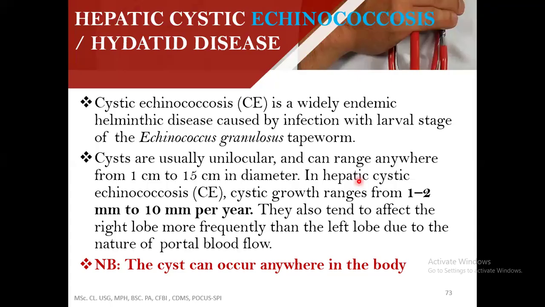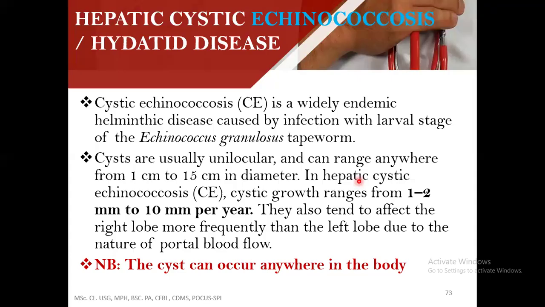So cysts are usually unilocular and can range anywhere from 1 cm to 15 cm in diameter. In hepatic cystic echinococcosis, cystic growth ranges from 1 to 2 mm to 10 mm per year.